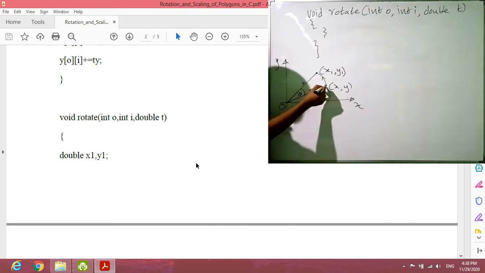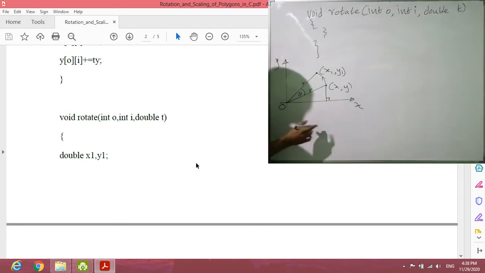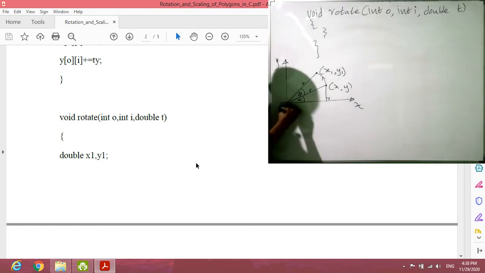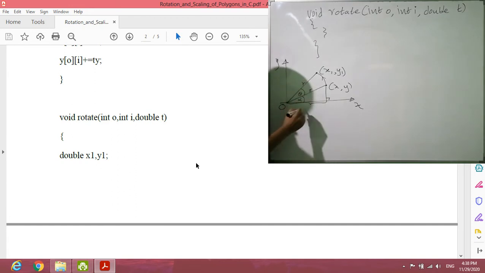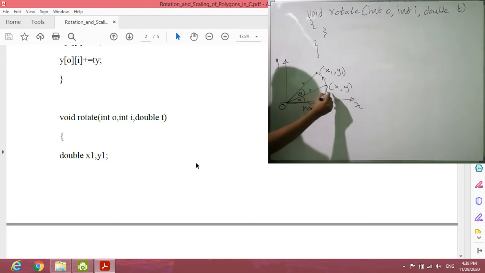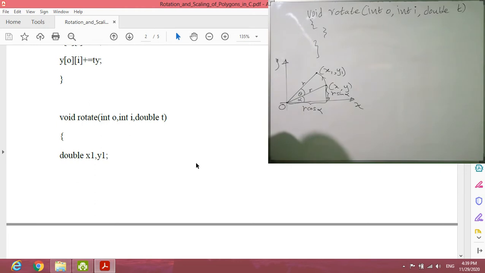So now if this length is r, this length is r, this length is also r. If you consider this particular triangle, and let's take this angle as alpha, this length is r cos alpha, this length is r sin alpha, okay.